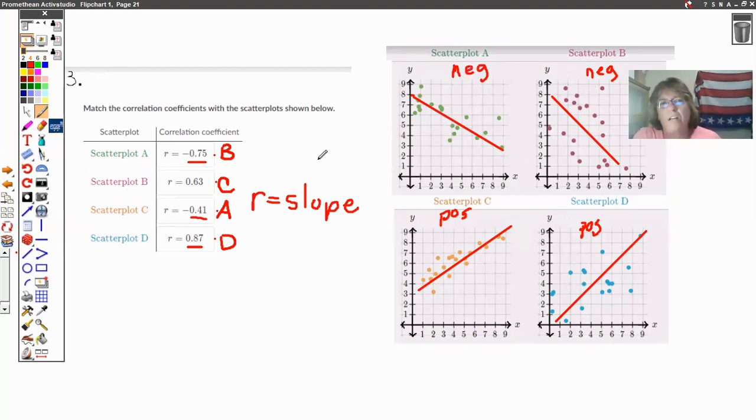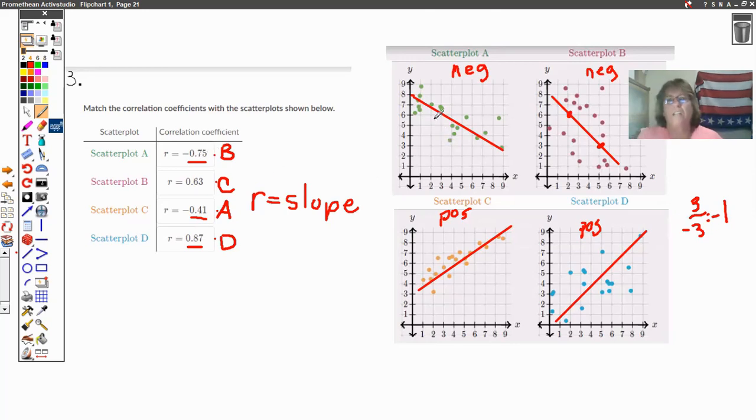For these, I don't actually have to find the slope, although you can if you want. If I took these two numbers right here, this is 6 minus 3, so it's going to be 3 over, and then this is 2 minus 5, which is negative 3. So for this one, it would be negative 1, and the one closest to negative 1 is negative 0.75.